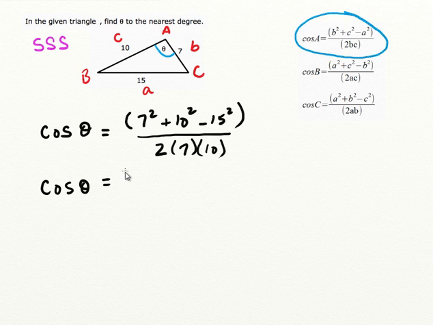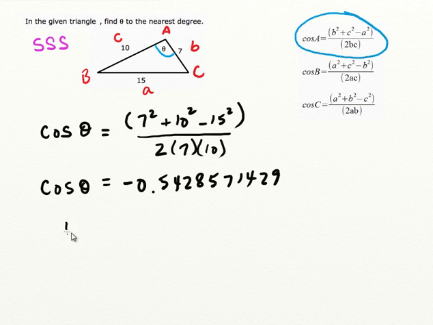Now the calculator has told us that the cosine ratio is equal to negative 0.5428571429.